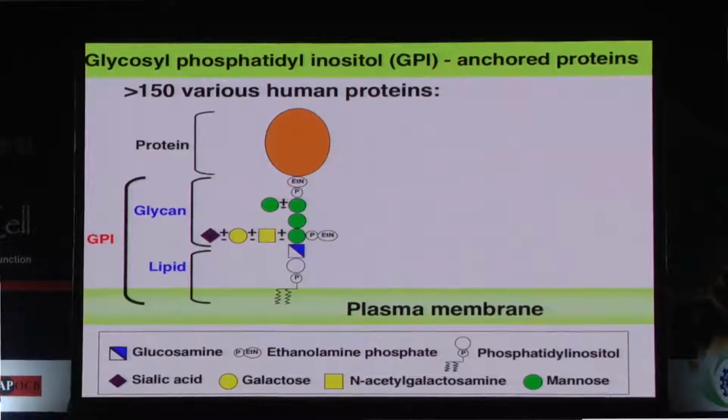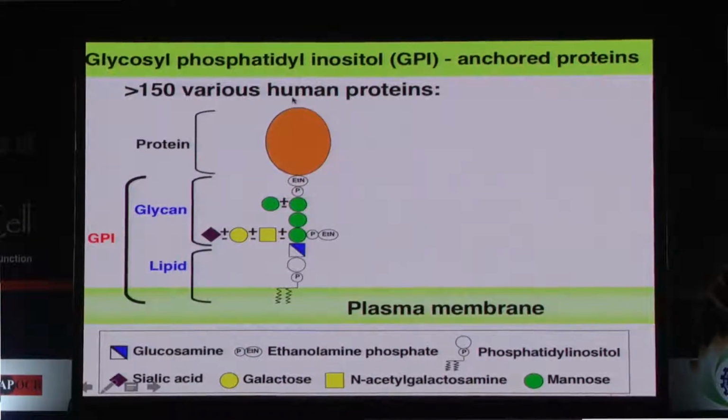At least 150 various human proteins are GPI-anchored proteins. And human GPI-anchored proteins, of course, have the conserved glycan lipid core structure. And there are two possible glycan side branches. One is the N-acetylgalactosamine linked to the first mannose. And this N-acetylgalactosamine can be further elongated by galactose and sialic acid.